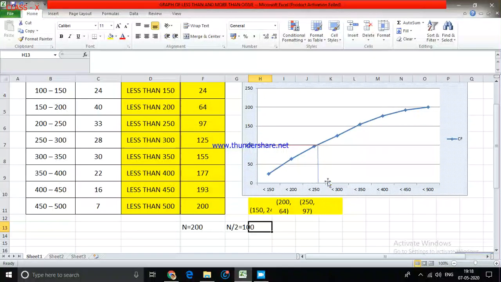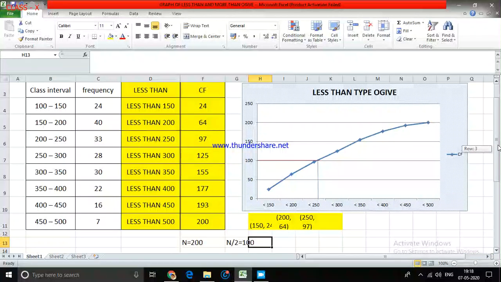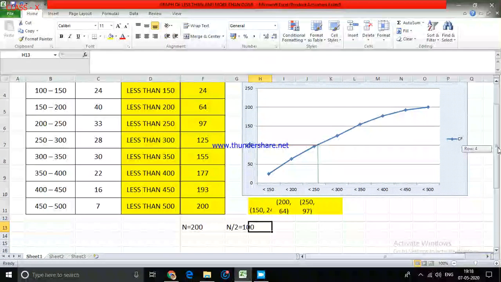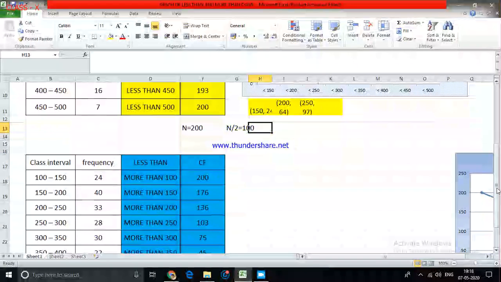Where it touches the x-axis, that corresponding value becomes the median. Understood? So this is one of the methods to find the median. We already discussed using the formula, and this method also you can use to find the median by using a less than ogive.